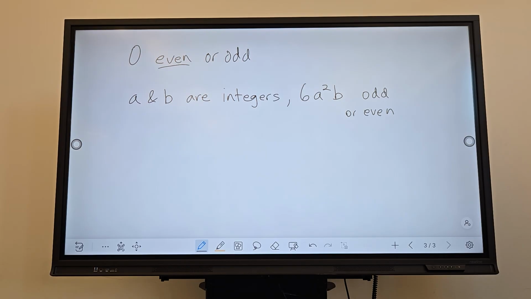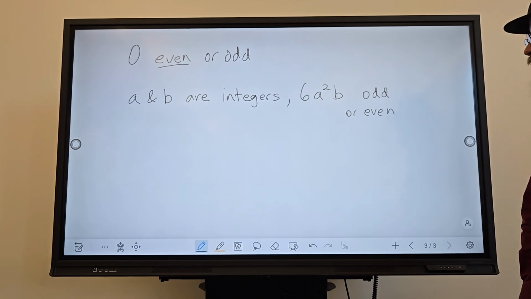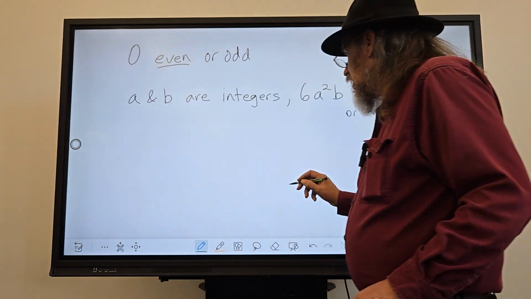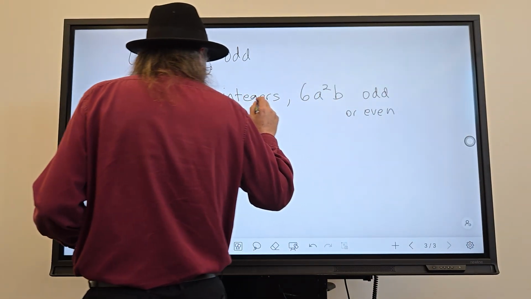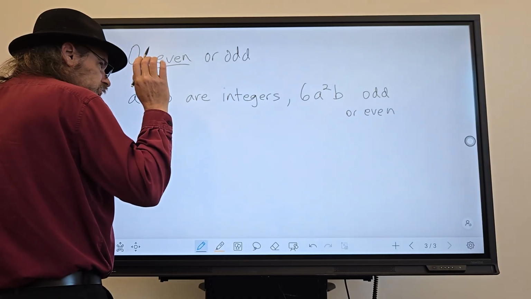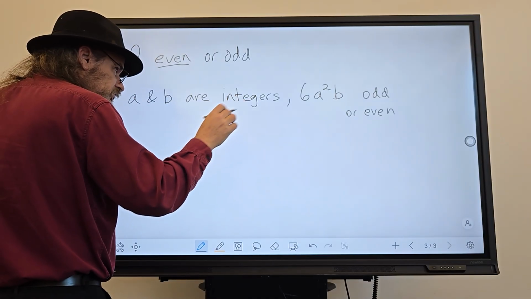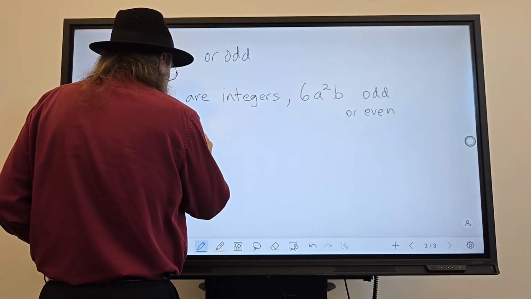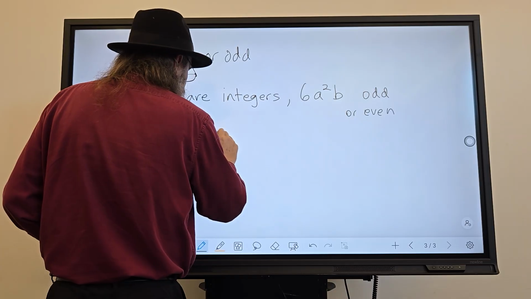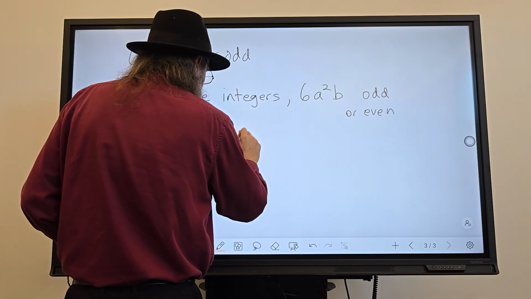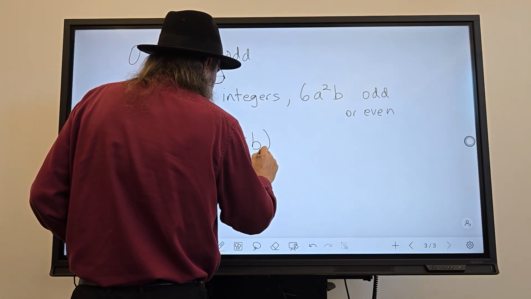Well, because multiplication is closed on integers, you could rewrite this as 2 times 3a squared b.